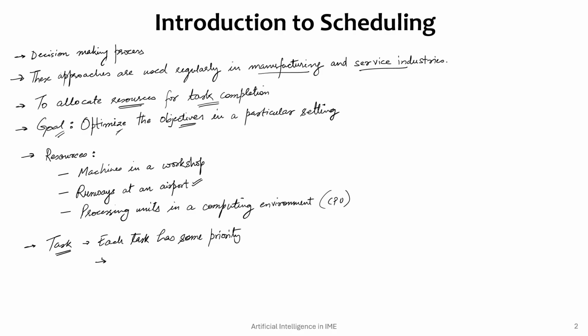So let's say it could be the earliest starting point or a due date. So let's say if you have hundreds of tasks, and out of those you have 20 tasks whose due dates are very near, then you need to schedule them early, right, so that they don't get delayed.